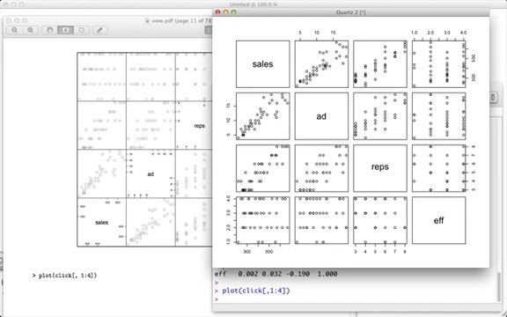This plot shows the relationship between sales and advertising. So this is telling the same story as the correlation coefficient. As we increase the number of ads, the mean level of sales increases. Another thing to note about this scatter plot is that it looks like there might be a little bit of heteroscedasticity going on.